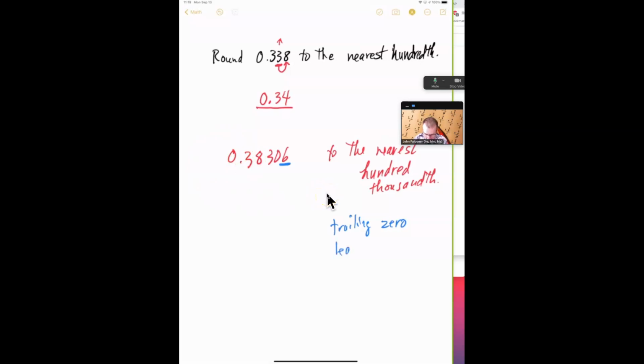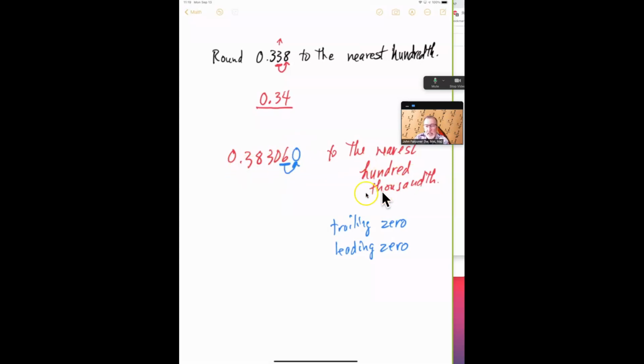Leading zeros and trailing zeros do not change the value of an expression. So we can affix our own trailing 0 here, and this is the number we would use to decide whether or not this 6 gets rounded up or left alone. So this is the column they want us to round to. We can assume this would be a 0 because they didn't tell us otherwise.